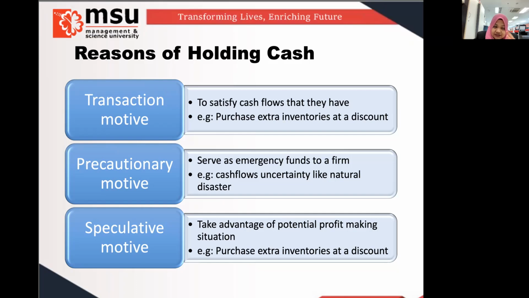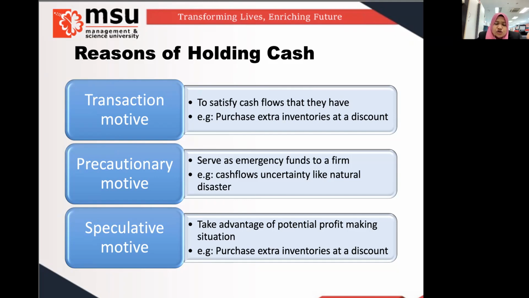The third reason is the speculative motive. Speculative motive is an activity where people take advantage of a potential profit-making situation. For example, you believe that the price of fabric in the future is going to increase because there will be a ceremony, for example Hari Raya.